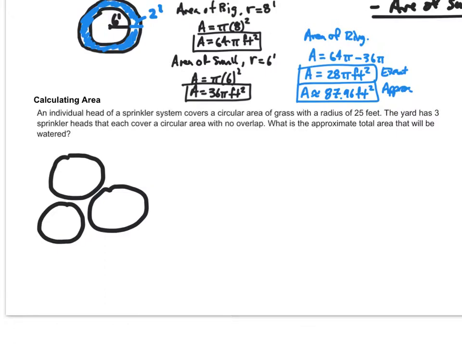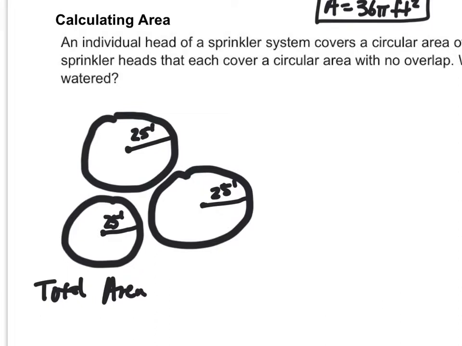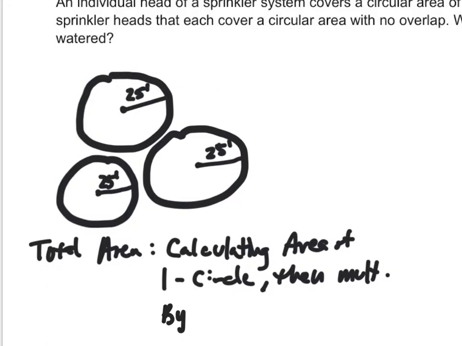If I have 3 sprinkler heads, each with a radius of 25 feet, the total area can be found by calculating the area of one circle, then multiplying it by 3, because there are 3 of them.